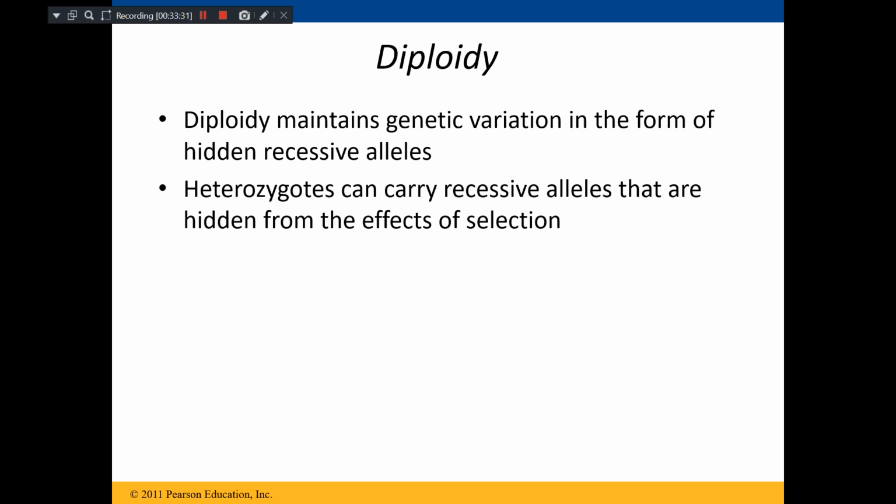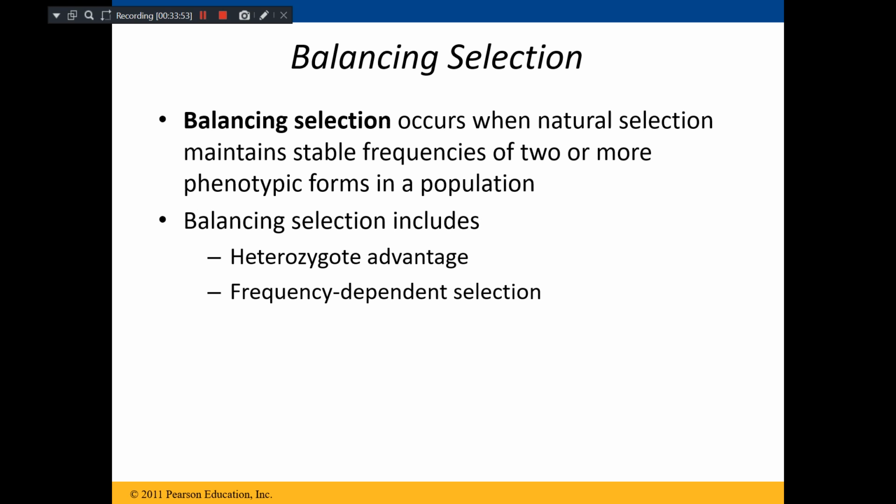Unless there is phenotypic expression, nature will not select them. Heterozygotes can carry many recessive alleles that are hidden from the effect of selection. So that's why they are the neutral variants. They do not have any advantage or disadvantage. But nature wants to keep those variations alive.